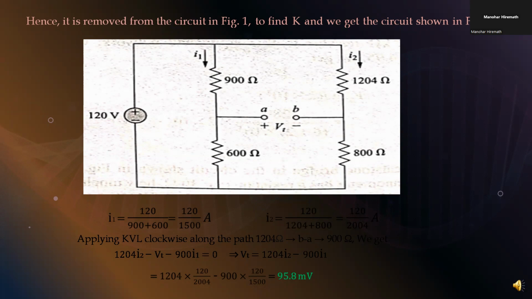Simplifying the equation, we get VT equals 1204 I2 minus 900 I1. Later, we get 1204 into 120 by 2004 minus 900 into 120 by 1500. So the answer is 95.8 millivolts.